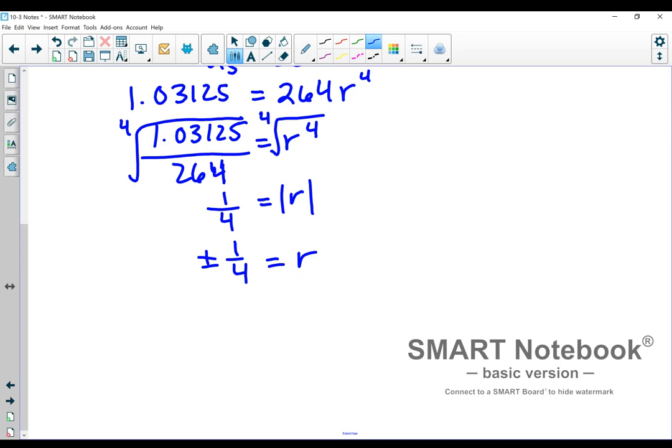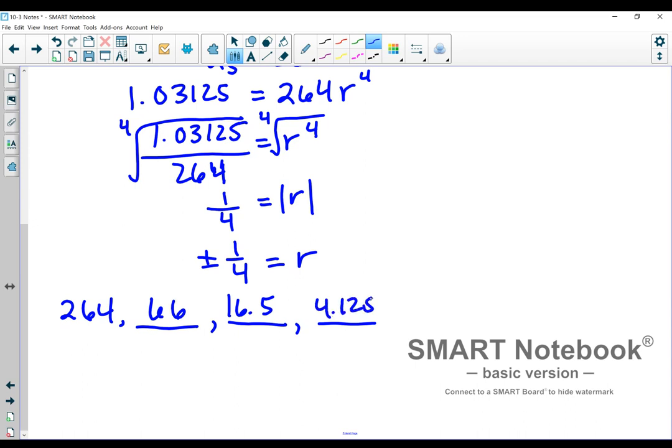So now to fill in the blanks and write out my geometric sequence, I start with 264, and then to fill in those blanks, I'd multiply by 1/4. So that's 66, multiply by 1/4 again, and I get 16.5, multiply by 1/4 again, 4.125, and then my last term is 1.03125.